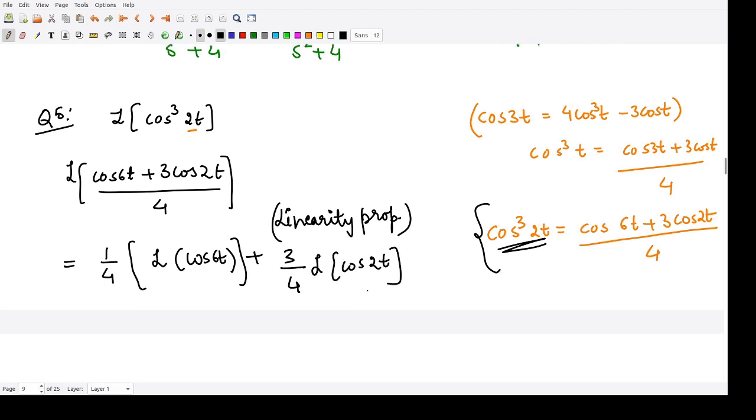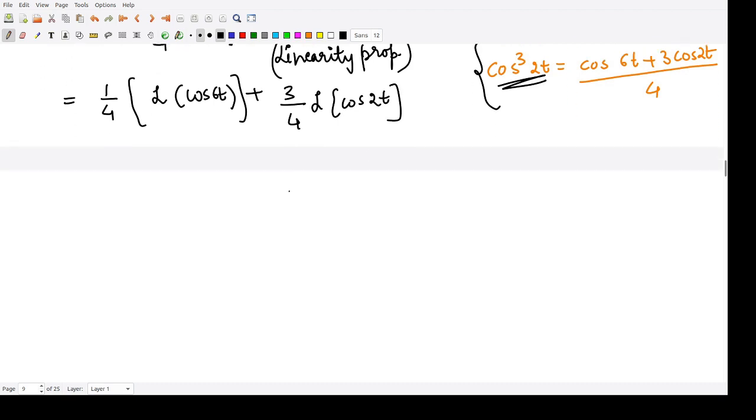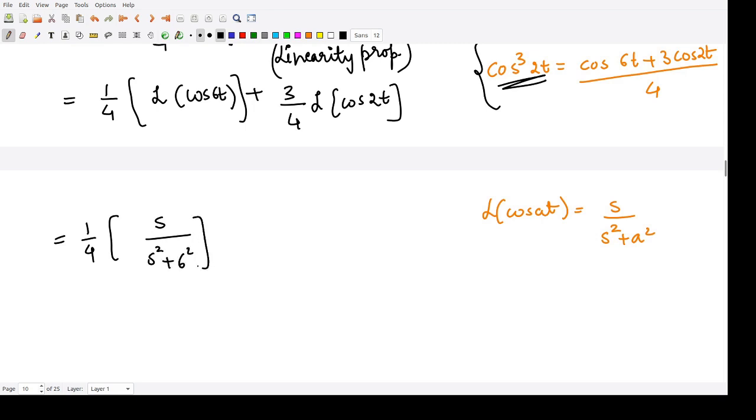Now using the formula, we know the Laplace transform of cos at is s divided by s square plus a square. So this becomes 1 by 4 times the Laplace transform of cos 6t, which is s divided by s square plus 6 square, plus 3 by 4 times the Laplace transform of cos 2t, which is s divided by s square plus 2 square.